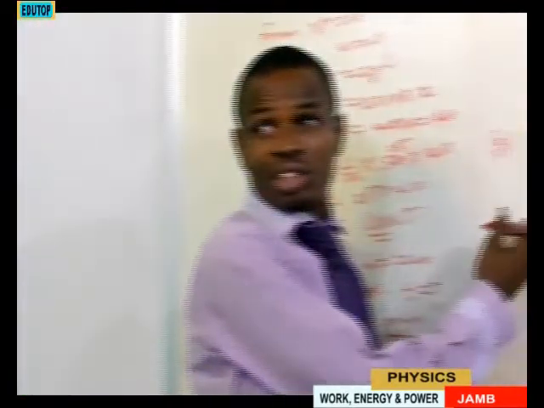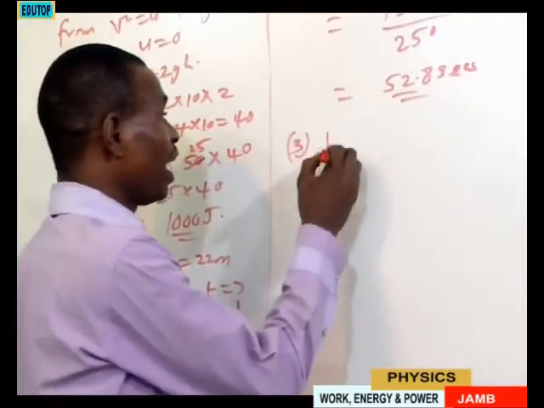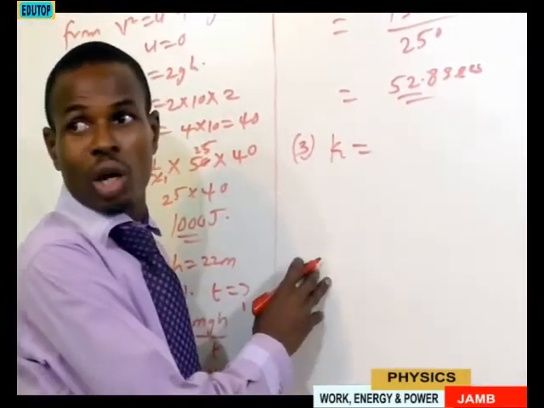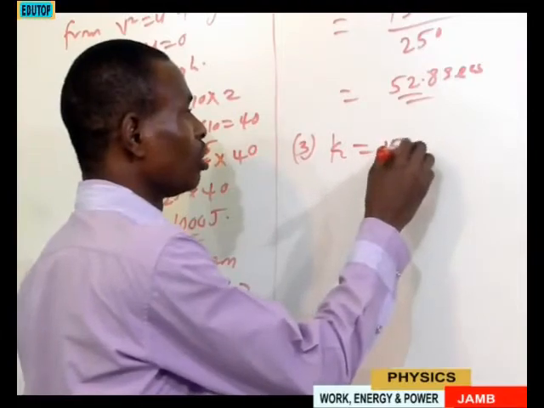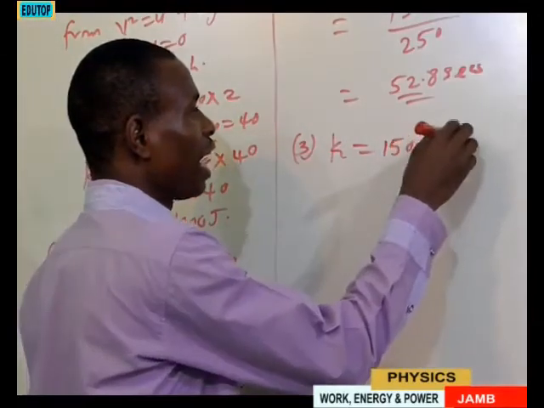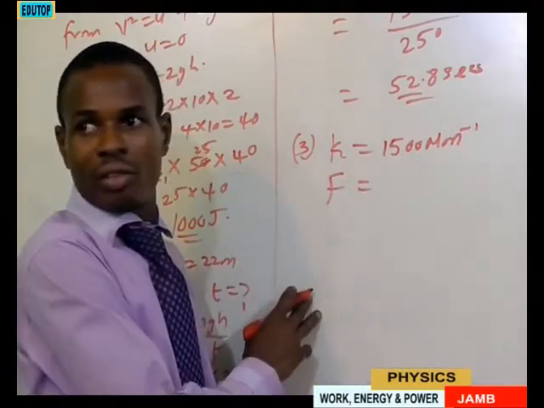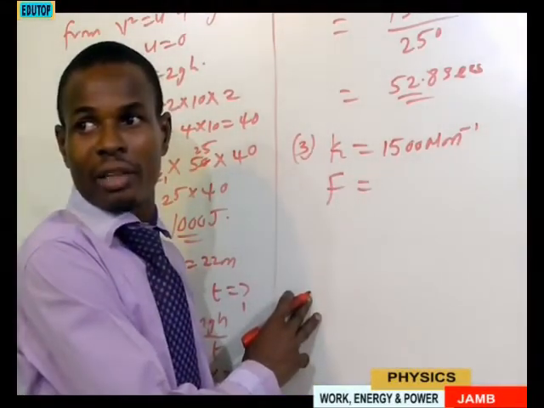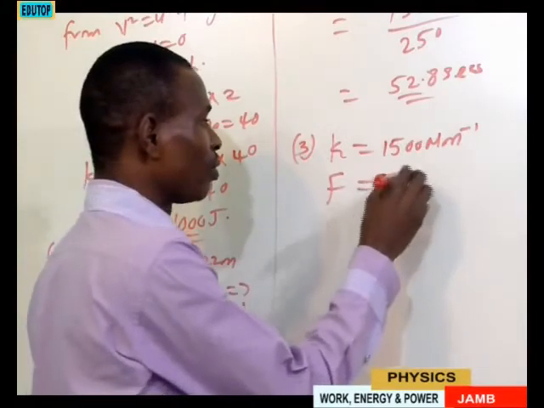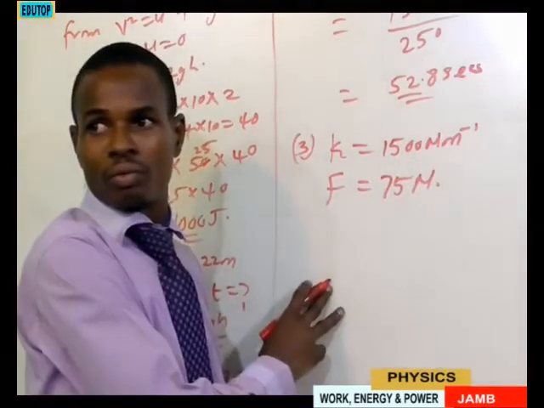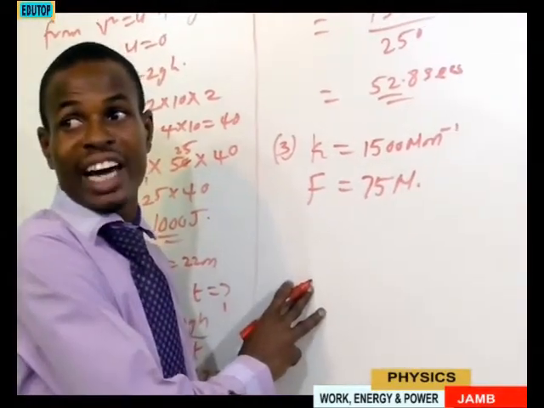The force constant we are given is the K, which is equal to 1500 Newton per meter. We are given the force itself. The force is 75 Newton. We have to calculate the potential energy stored in the spring.